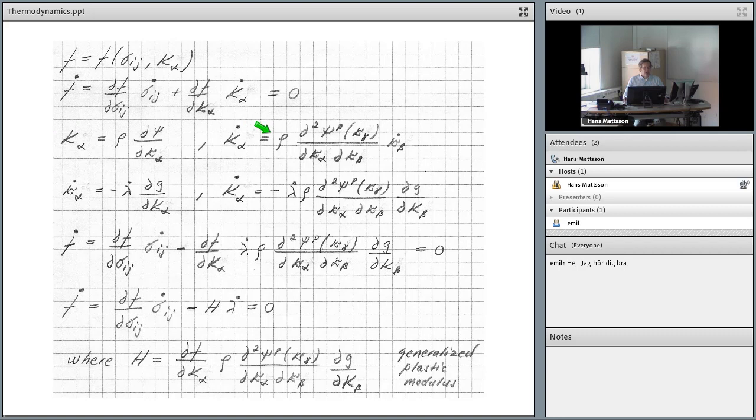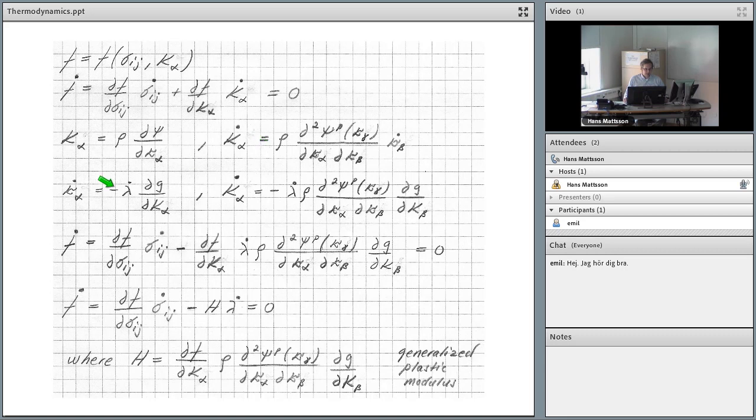The second derivative here. Notice how I need to handle the indexes in the tensor notation here. I must put this beta as a dummy index to get this sum correct. I can never have more than 2 indexes of the same kind in tensor mathematics, and sometimes it can be a little bit tricky to write this equation.